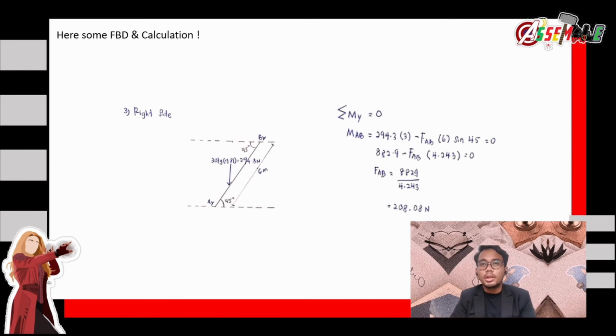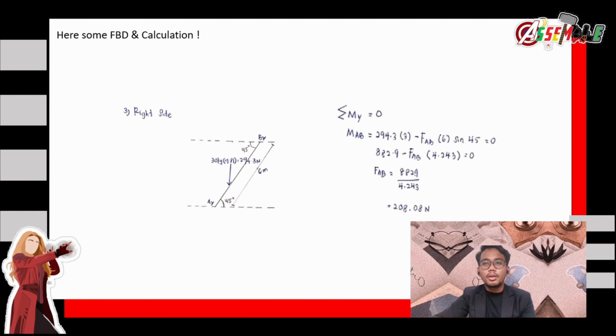Okay, then we look at the formula, where we need to find 0 for equilibrium. We can take moment from AB, which is Newton, multiplied with the middle point, and then subtract with the force AB.